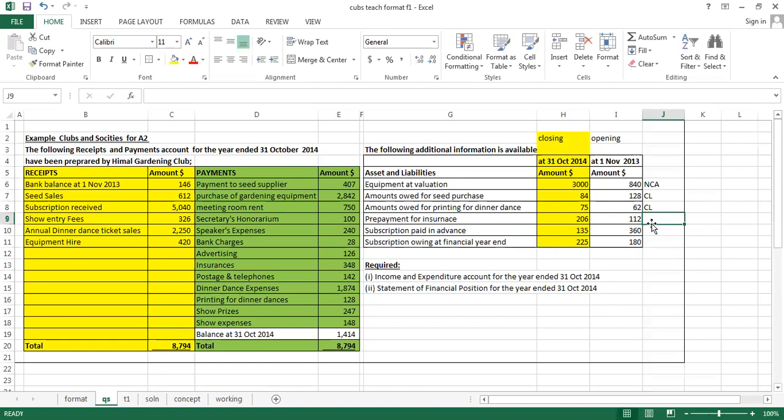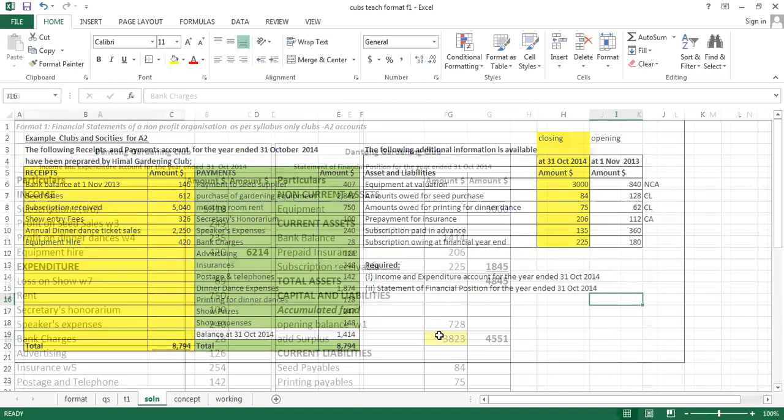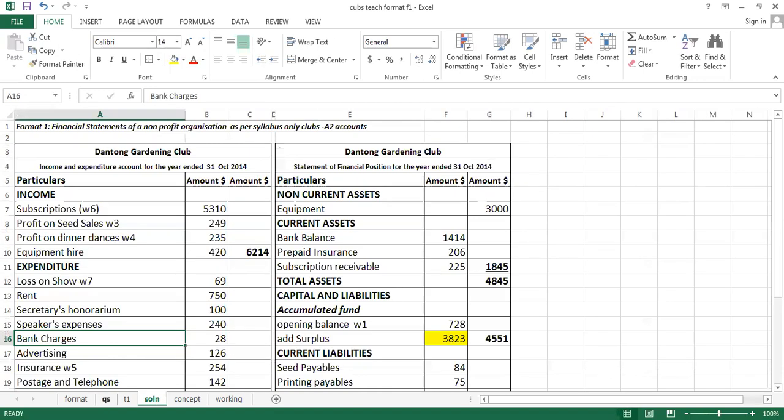Next one, prepayment for insurance. Spelling mistake, INSURANCE. So prepayment for insurance means prepaid insurance. That is your prepaid expense. Prepaid expenses are current assets. We know that. So you need to place this under the heading of current asset.